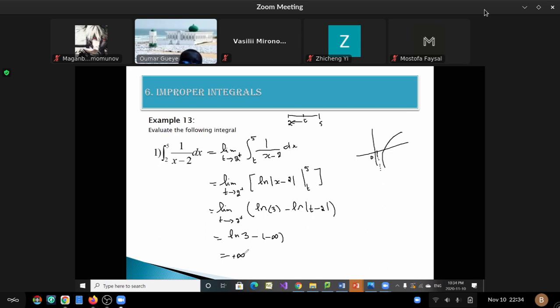Divergent, because the integral is equal to infinity. Anytime your integral is equal to infinity, which is not a number, it means the integral is divergent. To be convergent, the value of the integral should be a real number. So we can conclude that this integral is divergent.